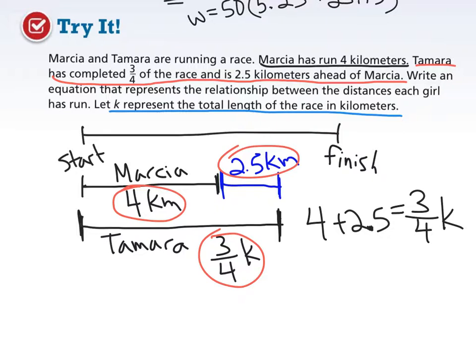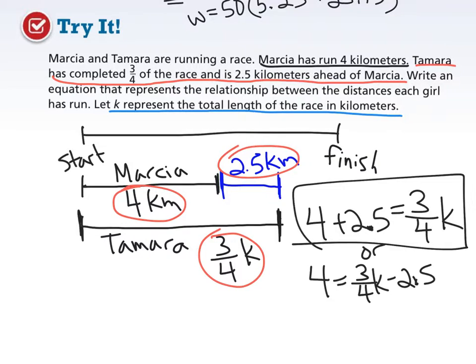You could obviously switch that around: 3/4 K equals 4 plus 2.5. Another way you could do this, you could say something like 4 equals 3/4 K minus 2.5. Just a different perspective. Again, this would probably be how I would tend to think of an equation for this problem.